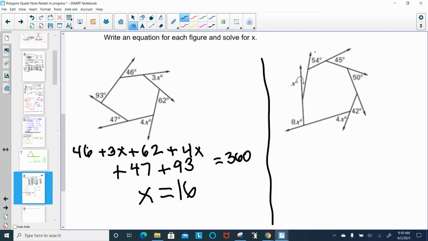These are exterior angles. So I'm going to put here equals 360, but I'm probably going to have to loop it around a little bit because it is kind of a long equation. I'm going to start right here with this guy. That angle is so small they couldn't even put the x inside. They had to draw an arrow to show you that that was x.